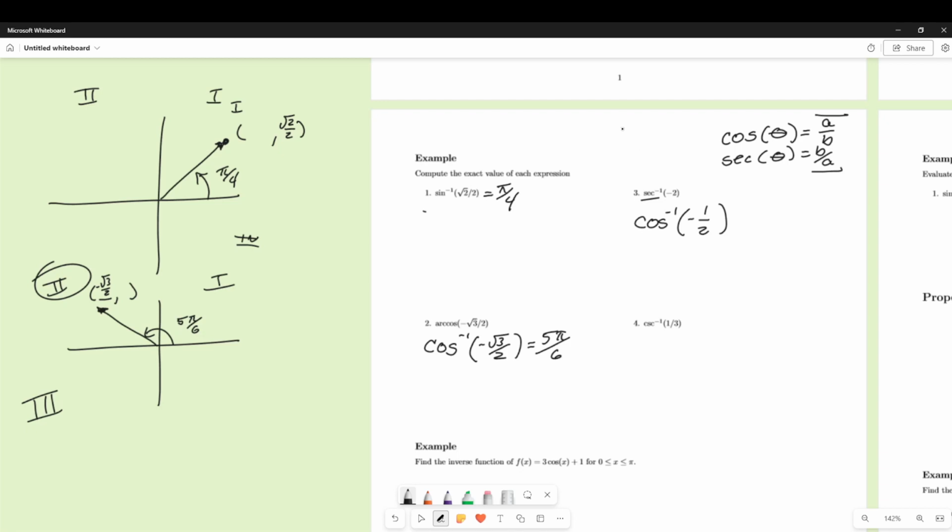And if it helps, remember, if y equals the secant inverse of negative 2, that means the secant of y has to equal negative 2 by definition. That means the cosine of y has to be negative 1/2 because of the reciprocal identities.